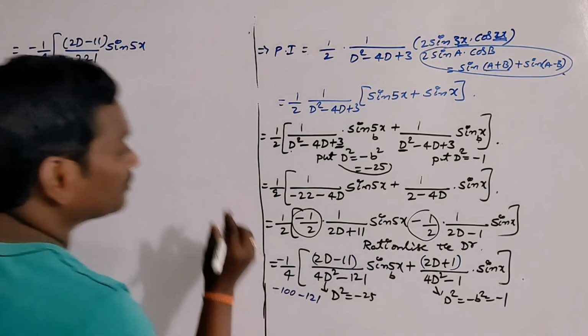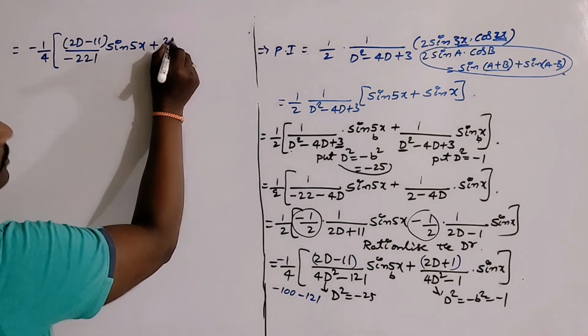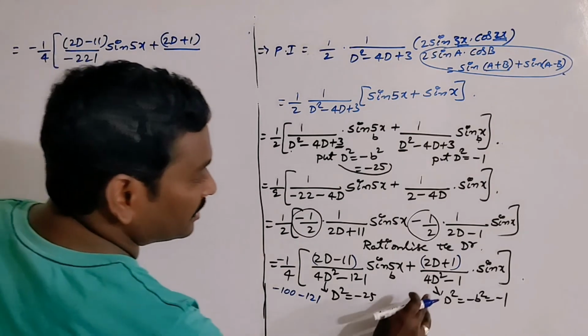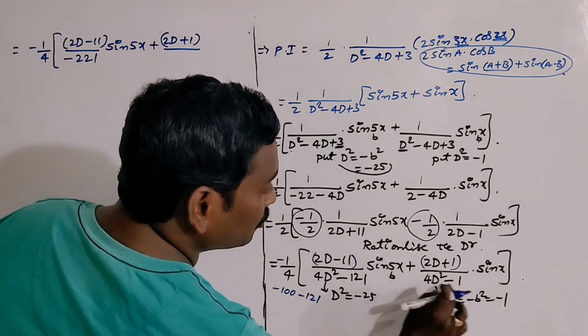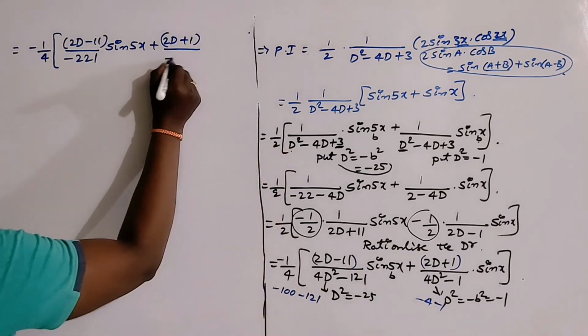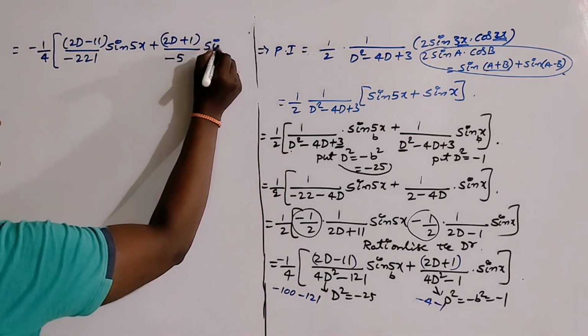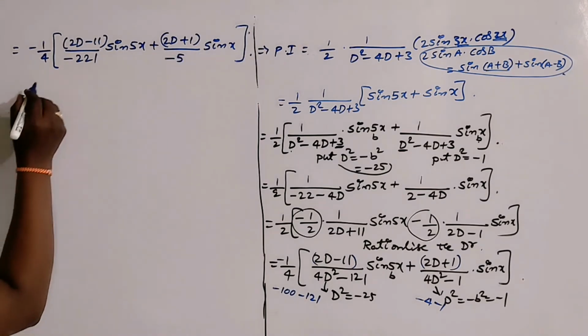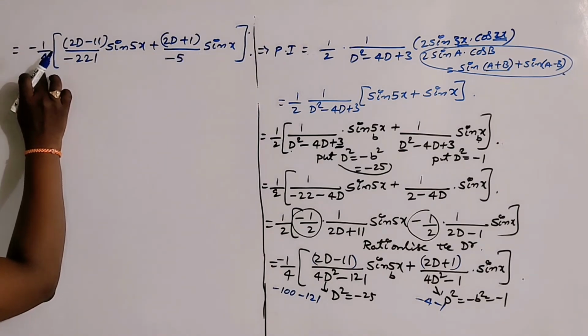Okay, plus 2d plus 1 whole by, d square is minus 1. 4 into minus 1. Minus 4 minus 1. So it would be minus 5 into sin x. Okay. Now take this 1 by 4 to inside.